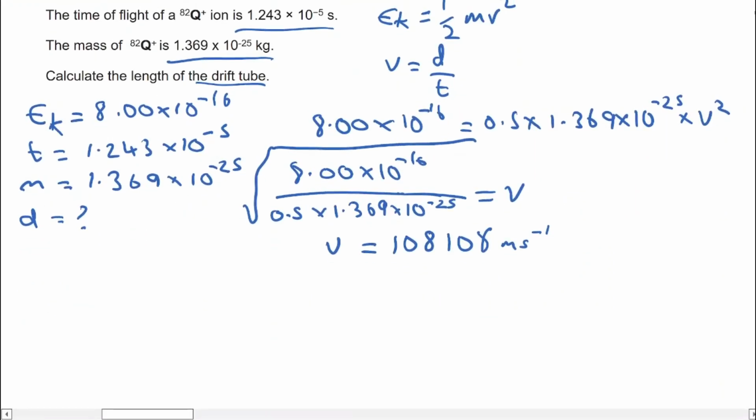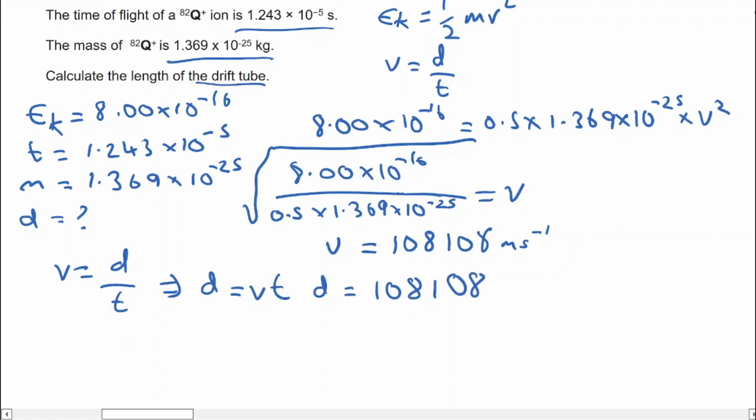Okay, so if velocity equals distance divided by time, then distance equals velocity times time. So my distance is going to equal 108,108 multiplied by our time, which is 1.243 times 10 to the -5.